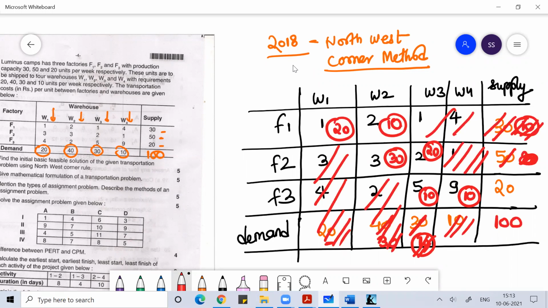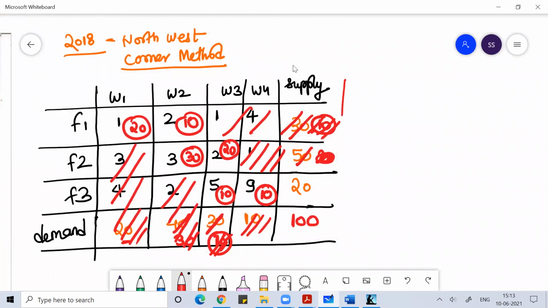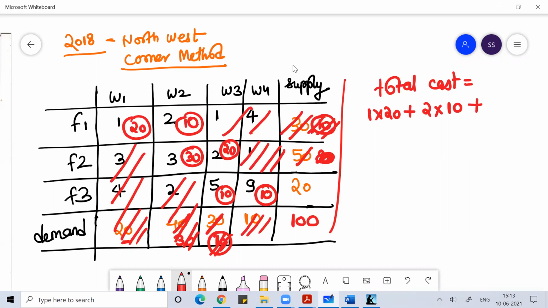We just do the counting row-wise and column-wise: 30, 50, 20, and 20, 40, 30, 10. Once you've done that, you can find the total cost. Total cost is equal to 1 into 20 plus 2 into 10 plus 3 into 30 plus 2 into 20 plus 5 into 10 plus 9 into 10.